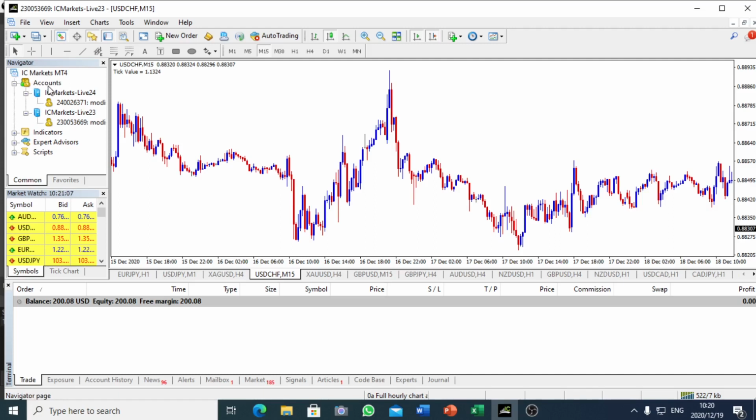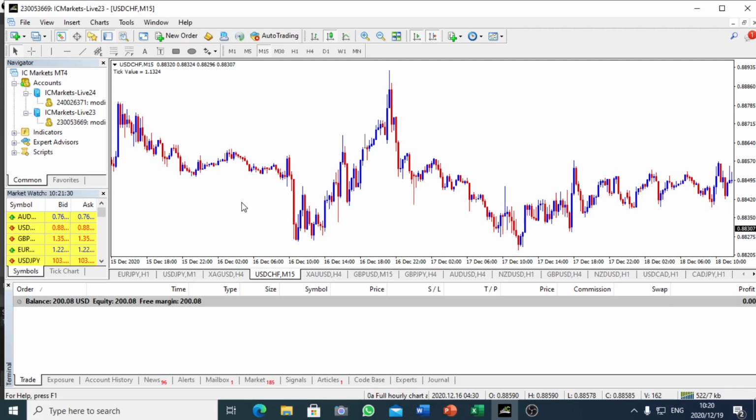Navigator area, remember, we said that you can open your account here or you can log in to trading account. What we'll do now, we'll try to log in to another account, because MT4 doesn't mean that it is your account. You can download MT4 and log in to a different account, just like your social media apps.